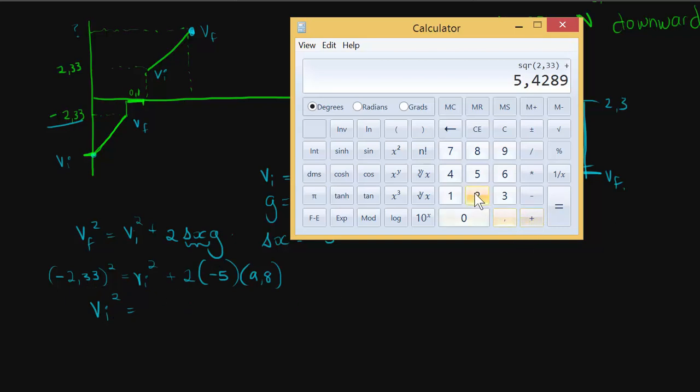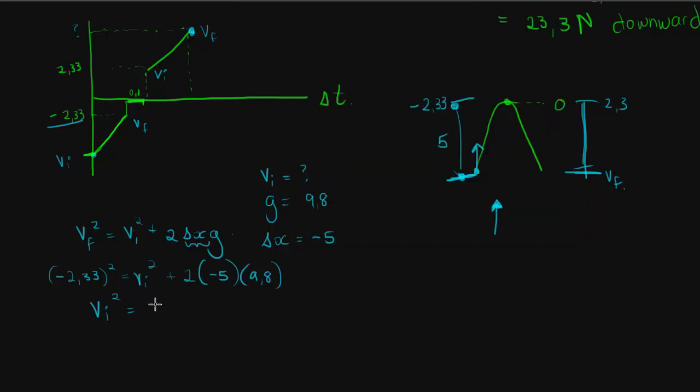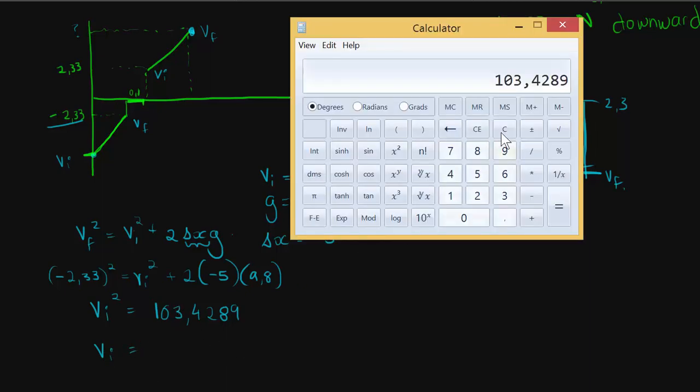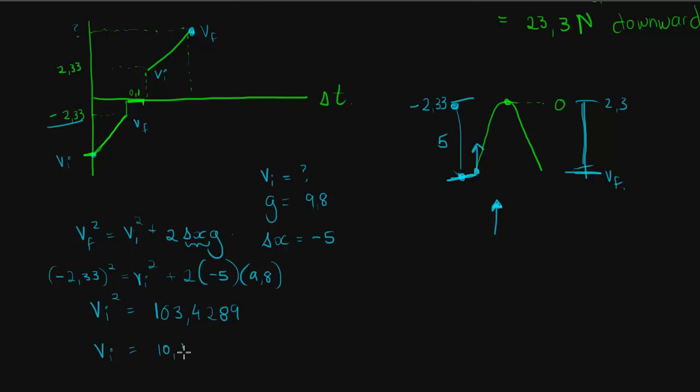So plus 2 times 5 times 9.8. Okay, that is 103,4289. So my initial velocity, if I take the square root of that, is 10,17 meters per second upwards.